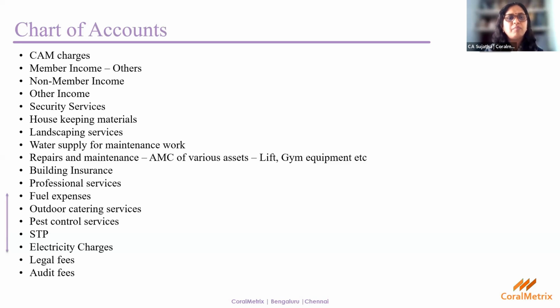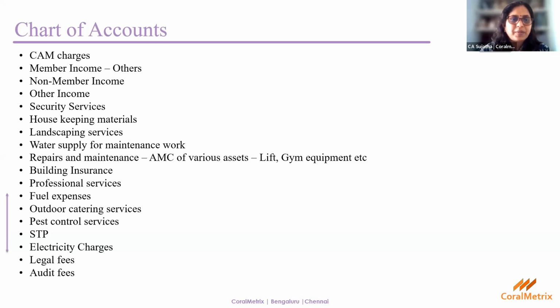When it comes to non-member income, stall charges, sponsorship fee, sale of scrap, these are some of the heads which can come under the main head non-member income. And other income is basically the income earned from fixed deposits or interest on savings bank account, and any dividend income if the apartment has invested its funds in mutual funds or whatever it may be.